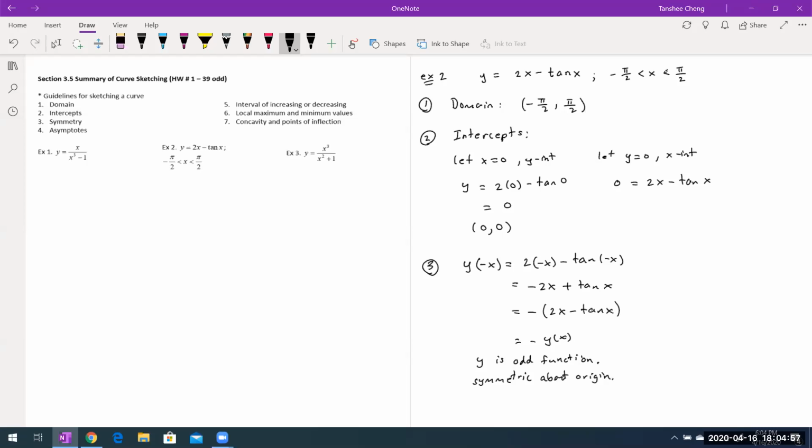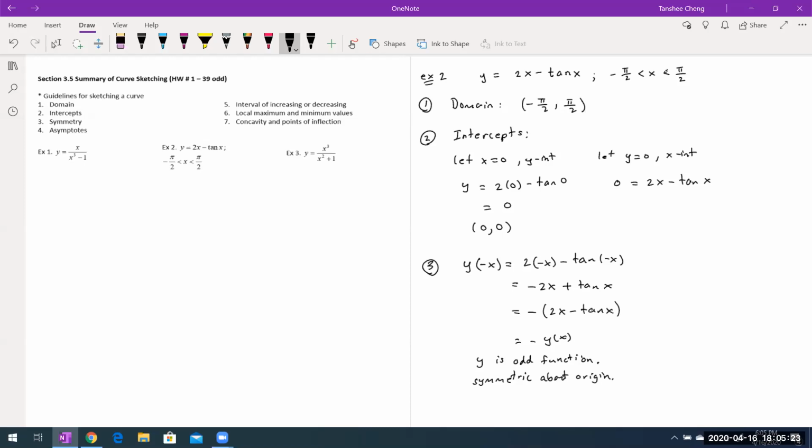And then after that, we're going to talk about the asymptotes. Since this is a periodic function, we don't have a horizontal asymptote at all. We won't be able to find a horizontal asymptote. But we do have vertical asymptotes because of tangent, which we already see from this domain: negative pi over 2 and pi over 2.